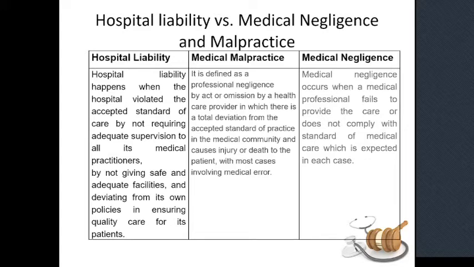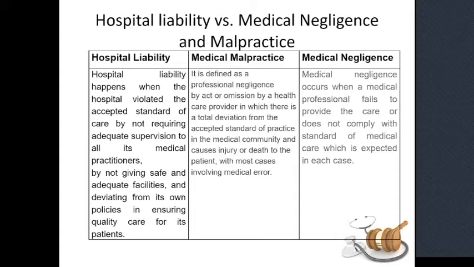Therefore, hospital liability happens when the hospital violated the accepted standard of care by not requiring, so remember this, adequate supervision of all of its medical practitioners, correct? So there's the element of supervision, and not giving safe, adequate facilities. Remember, the number one duty of the hospital is to give safe, adequate facilities for the practice of medicine, and deviating from its own policies in ensuring quality of care for its patients.